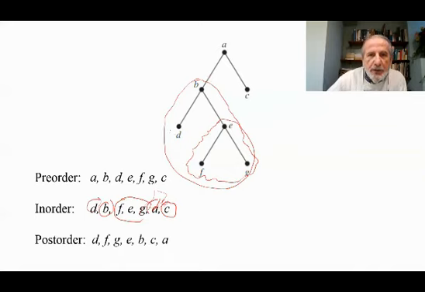So you start with D, and then you have to do this before you go to B. And this, you apply the same concept: F, G, E. Then we went to B. So we covered all of this subtree using the same method. Now we do C, and then we do A.